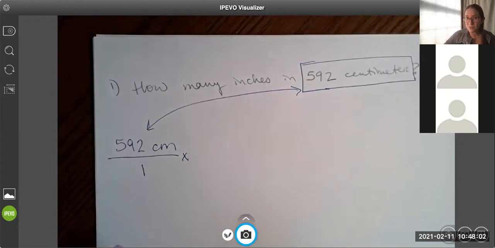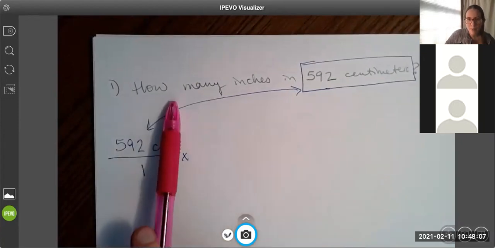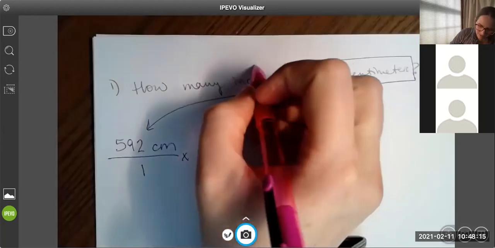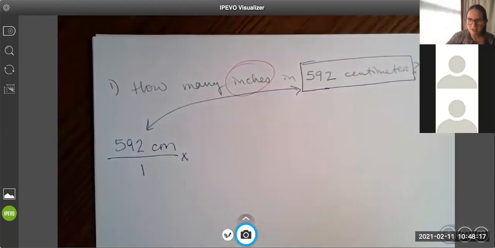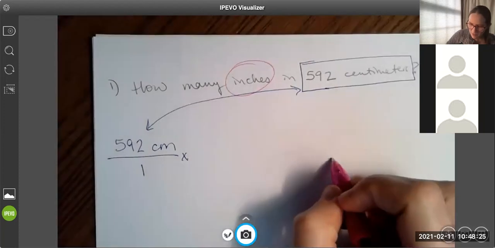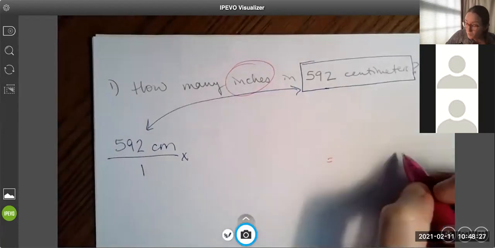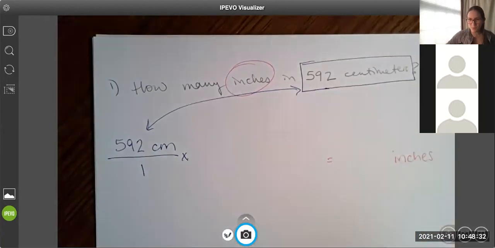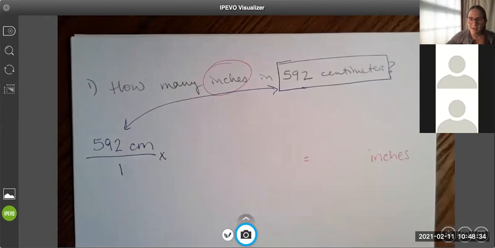That's another length measurement. Here we've got how many inches. There you go. So what are we trying to find? Inches. All right. We want to find inches, so we're gonna put that after our equal sign to say this is what we want to find. Great.